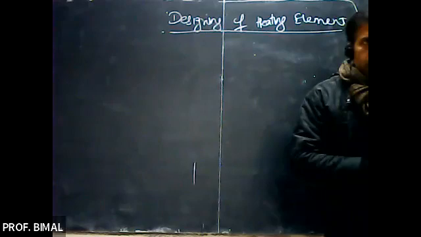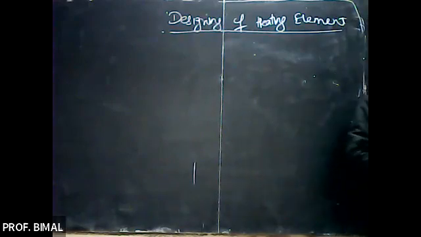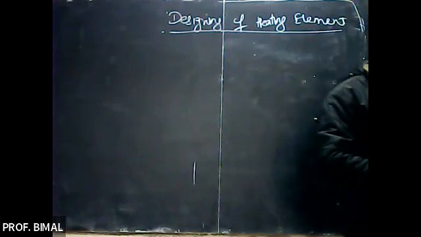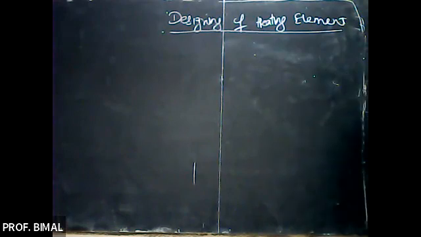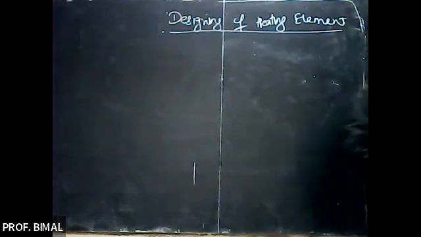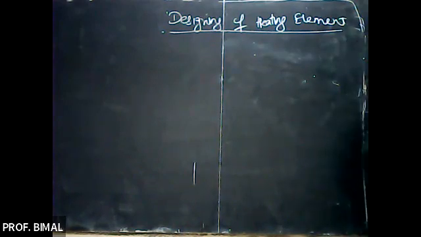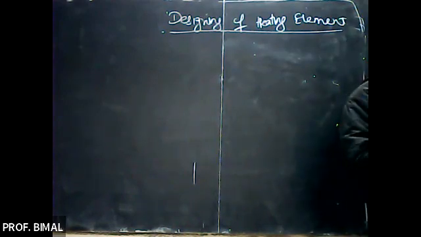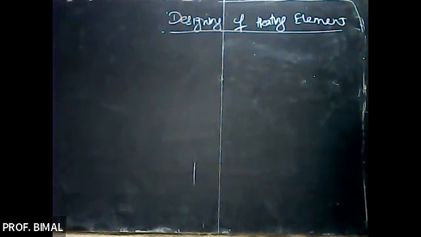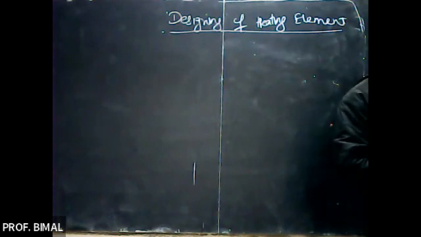So if we know the voltage applied and the electrical input, we must be able to calculate what should be the length of the element required to attain the required temperature, right?